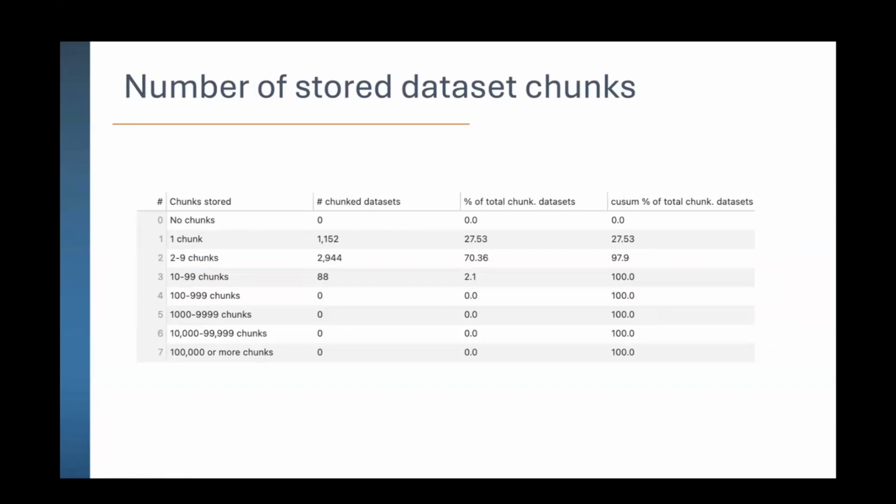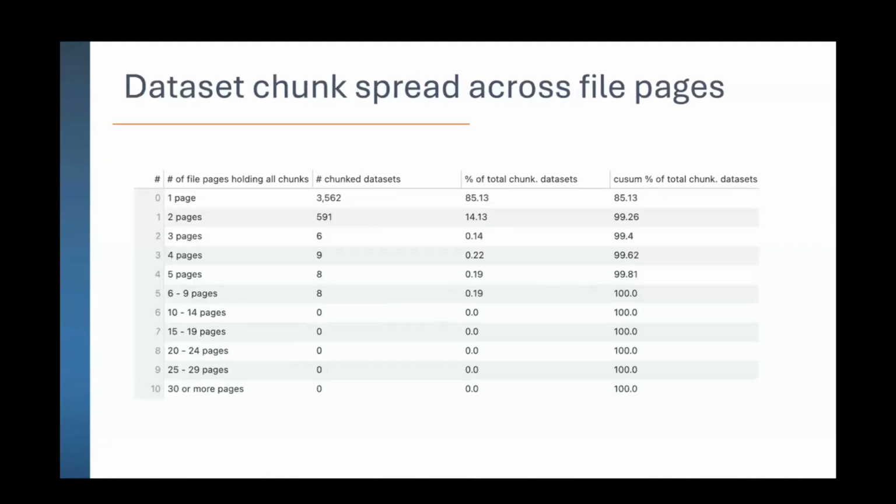It means there was a single element, probably float32 or float64 or something, and that was already a chunked dataset. But there are no datasets with more than 100 chunks. And this is an interesting statistic. For example, how many datasets are spread across how many file pages? And the vast majority, 85%, turned out to be in a single file page.